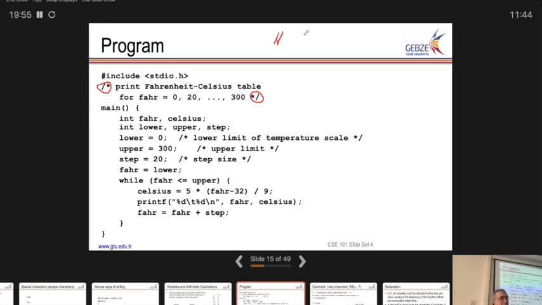Both of them are valid today because most compilers understand C++ and C at the same time. Today we don't have C++ compilers as different. Most of them are understanding C++ and C together. It is mixed.